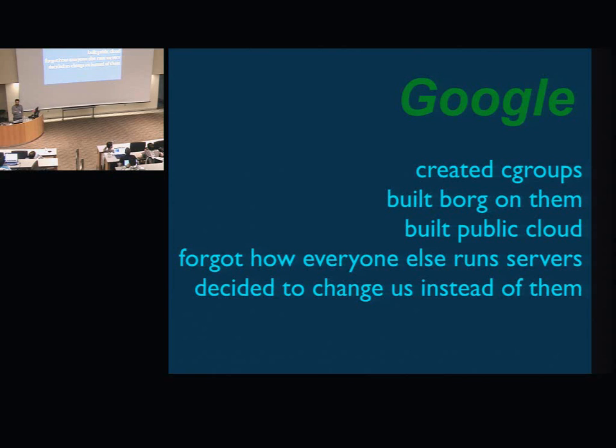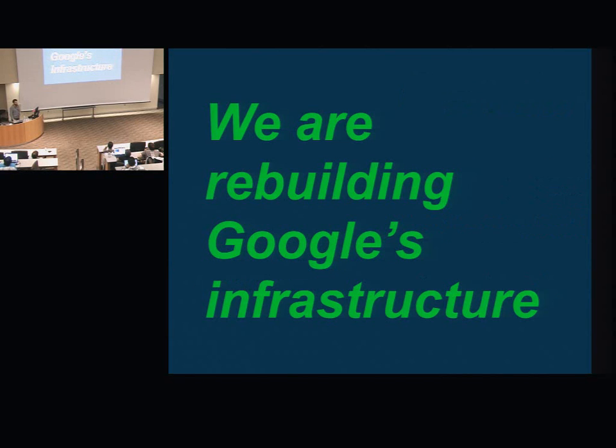They built Borg on them, run thousands of containers. Then they built a public cloud, but they forgot how the rest of us run our infrastructure. And instead of trying to make their cloud easier to use for the rest of us, they decided to change how we all run our infrastructure instead. And so what's really happening is we're all just rebuilding Google's infrastructure.